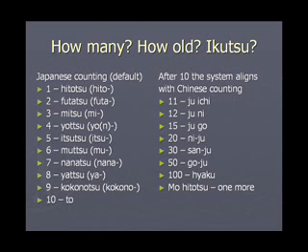After number 10, the system reverts to the Chinese system. 11 will be juichi, 12 will be juni, 15 will be jugo, 20 will be niju, 30 will be sanju, and so on and so forth. There is no change. Only up to 10 you have to use the Japanese system. Beyond 10, from 11 onwards, it will be back to the Chinese system.